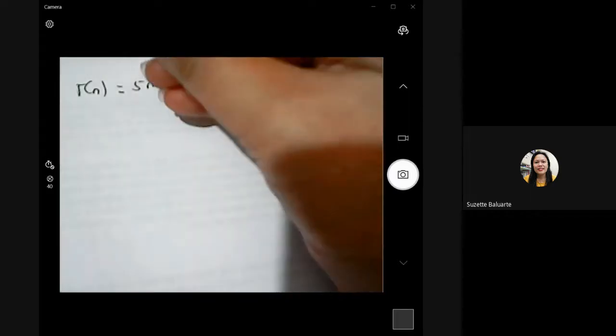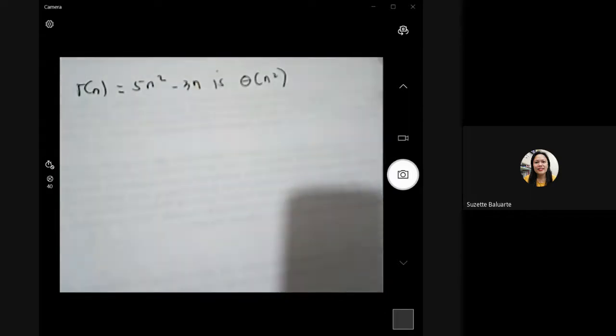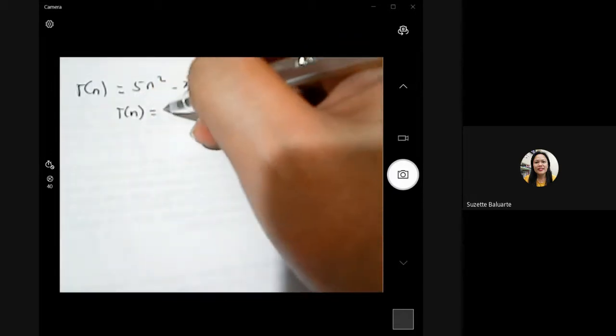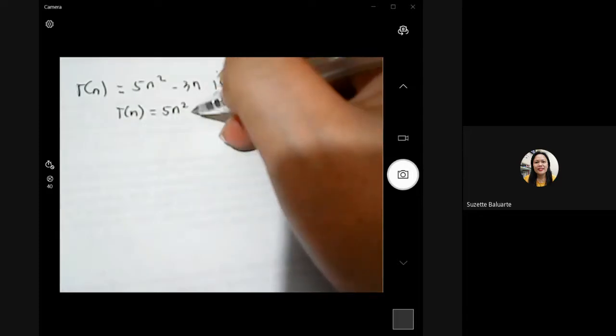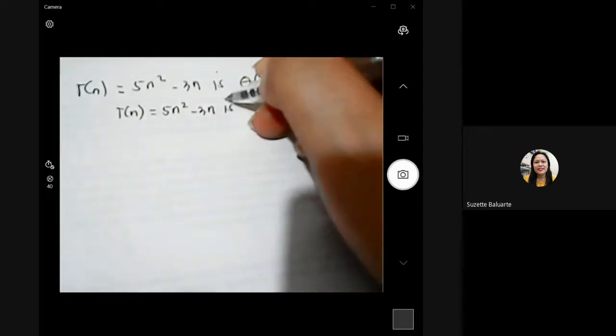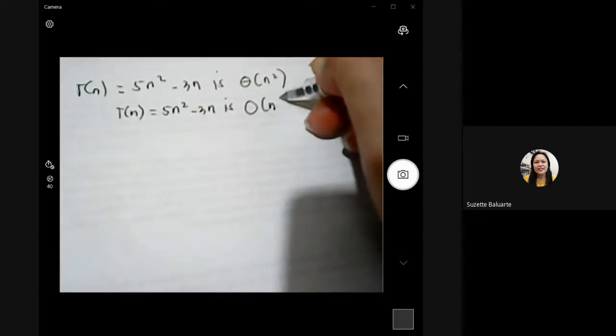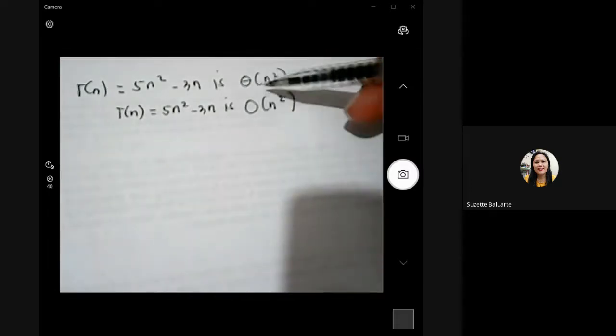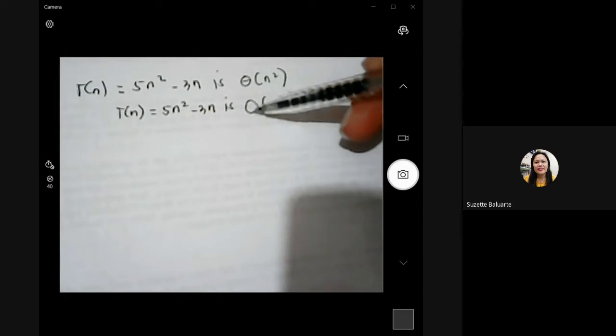First, we will prove that T of N equals 5N squared minus 3N is big O of N squared. Since theta is what we are looking for, solve big O first.